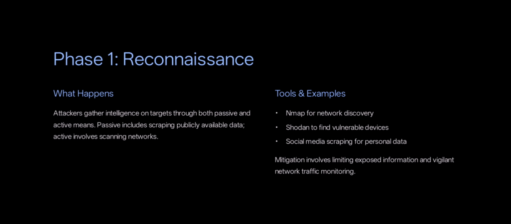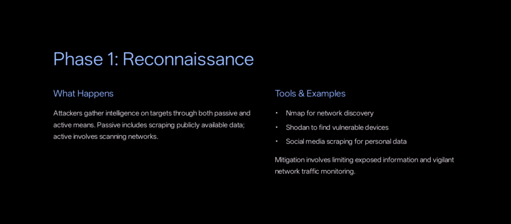Network mapping, determining the network topology and identifying devices. Vulnerability scanning, detecting known vulnerabilities in systems and applications. 3. Information gathered. During reconnaissance, attackers aim to collect technical information: IP addresses, domain names, network infrastructure, and system configurations.